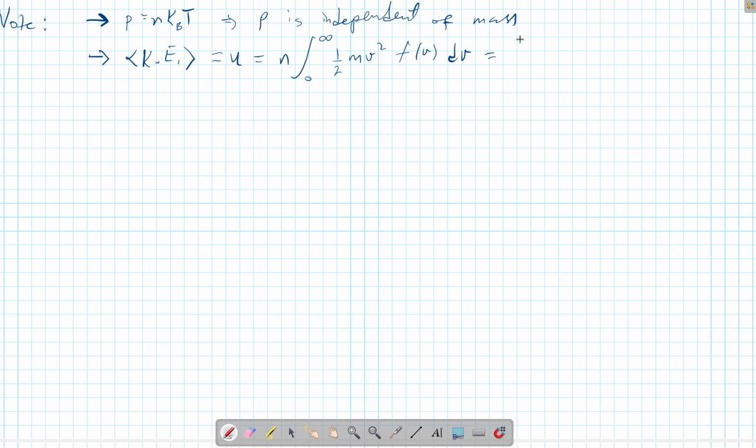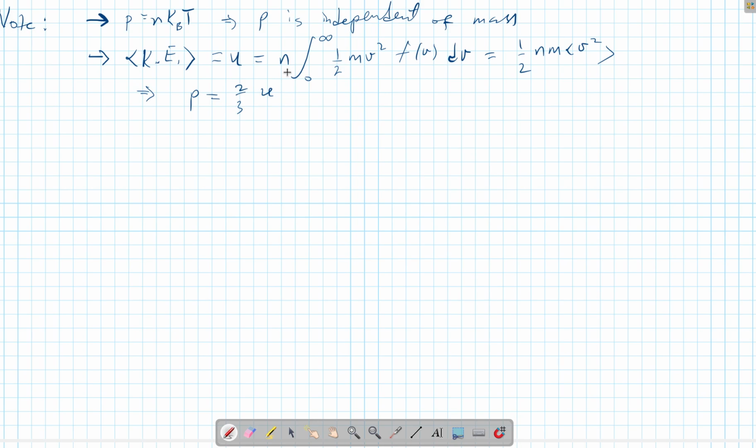So this is equal to 1/2 nm average v squared. And from this we can see that pressure can be written in terms of the average kinetic energy as 2 divided by 3 times the average kinetic energy.